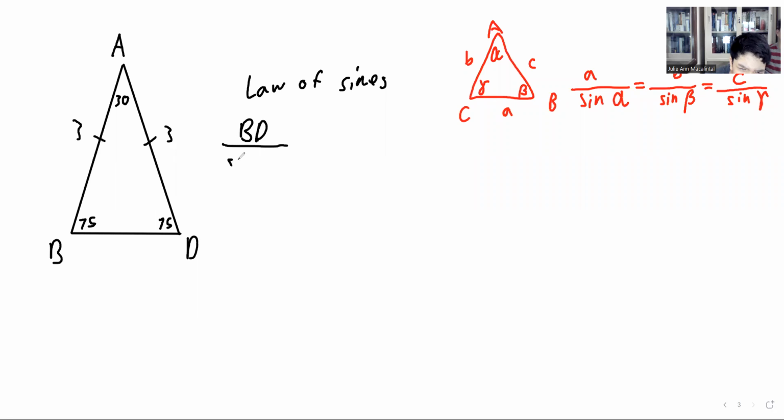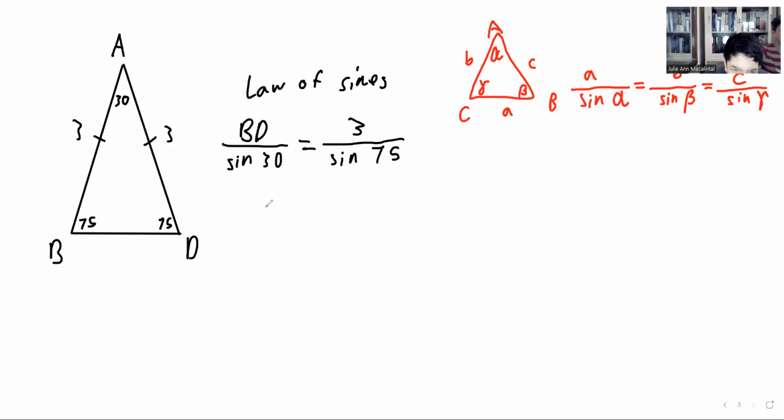BD over sine 30, the law of sines indicates that it's a side over the opposite angle, so the angle is in the denominator and its opposite side is in the numerator, equals 3 over sine 75.